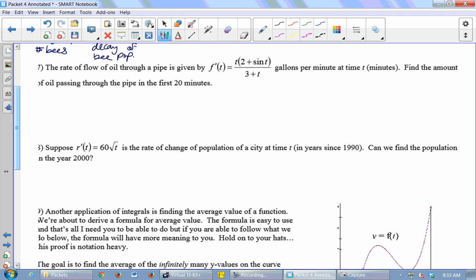The integral of a rate of change is total change. They're asking me for total change, how much oil has passed through this pipe, and I know the rate of change of the oil. So my total change is going to be the integral from 0 to 20 of f prime of t dt. My units will be my f prime units, gallons per minute, times my time units, minutes. So this should come out in gallons.